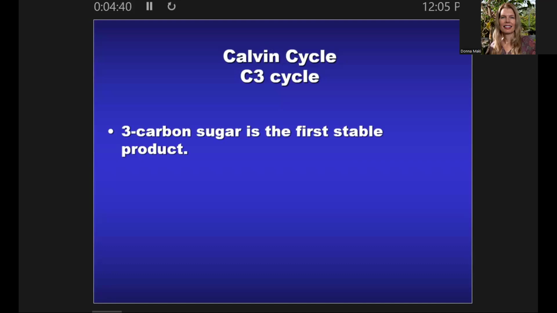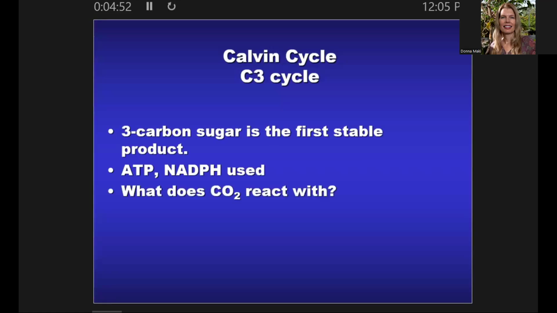And so they started calling it the C3 cycle. We definitely see that in certain phases, you have to use ATP and NADPH.